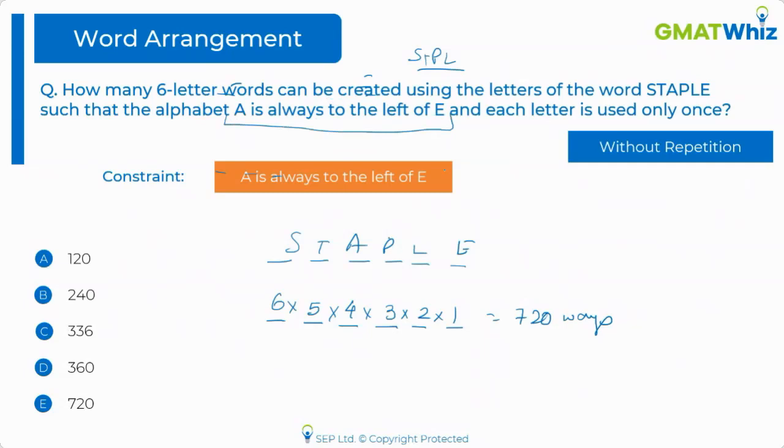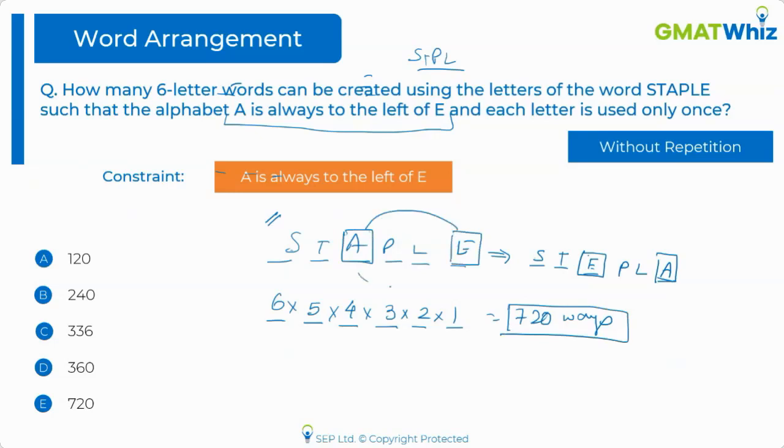Now think logically, whatever words you are forming, let's say the word STAPLE, there would be an exact opposite word in which E and A must be exchanged like this, right? Whatever 720 words you have, for each word like this, STPALE, you would have a similar word with everything else fixed, but these two get exchanged, right?